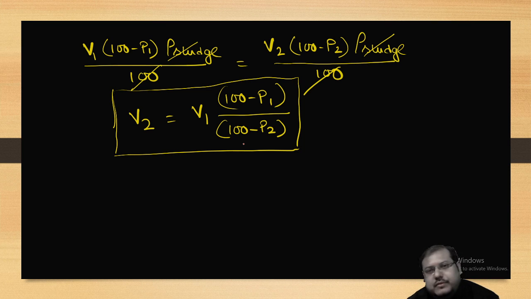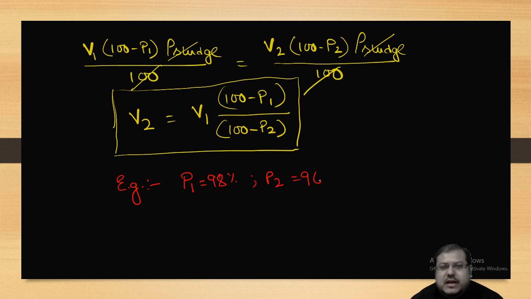That is the final result. Now, what I told you, I will show you how strong this equation is for our work. See, suppose your initial moisture content is 98% and the final moisture content is 96%. Just 2% of the moisture you are reducing.